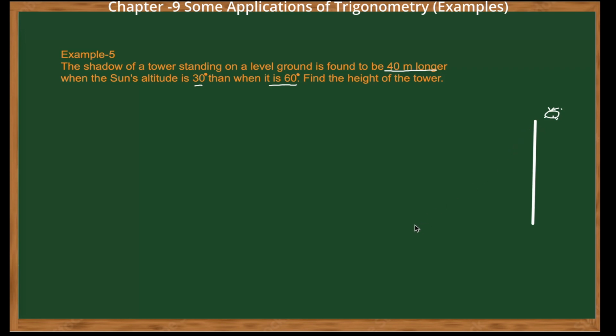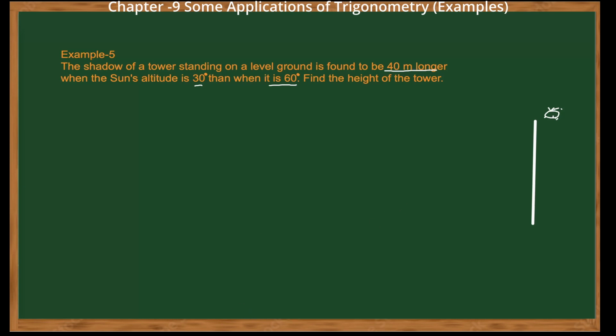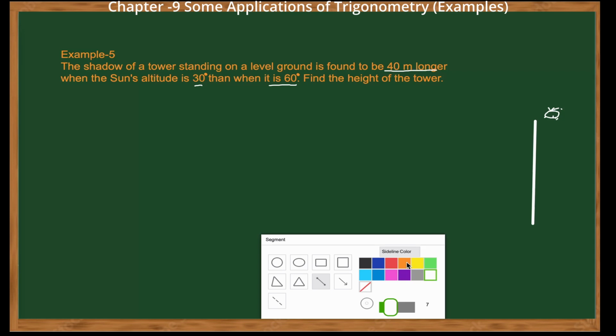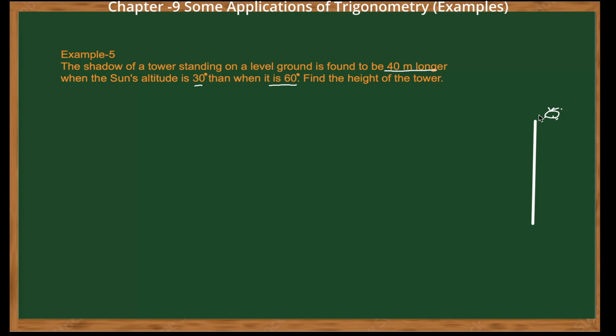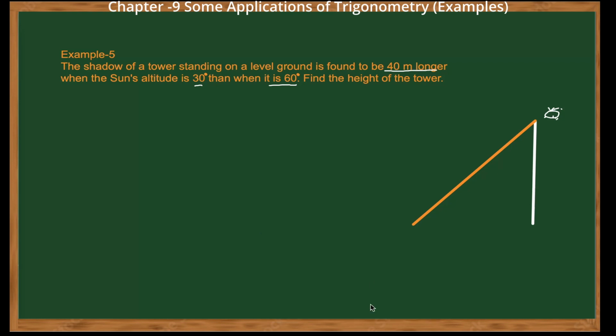So there are two shadows here, if I understand. From this question, it says that two shadows are there. So one shadow is here, and there is another shadow which is making another angle.